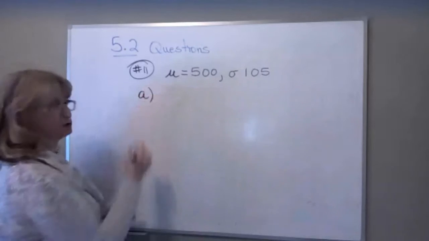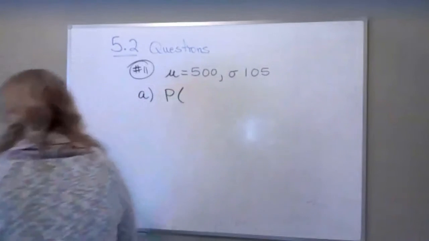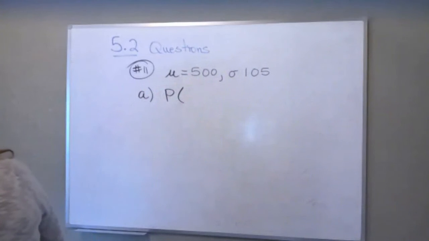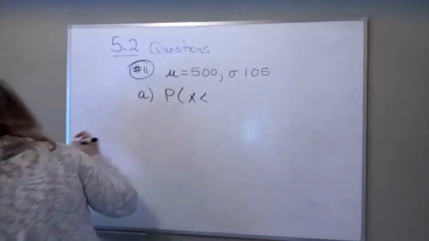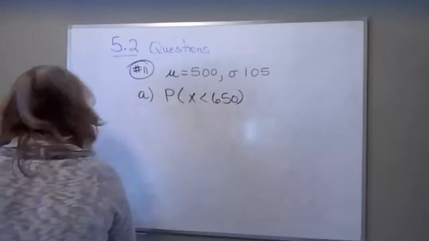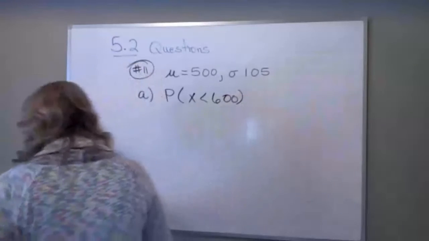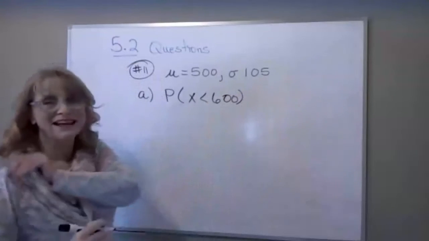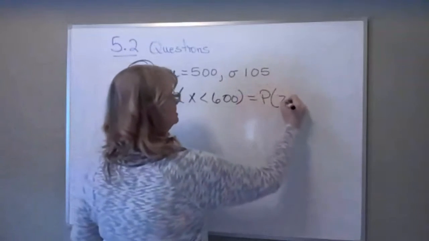Now, you said you did the first one right, so I'm going to go through this pretty quick. First we want to find the probability that a score is less than... Mine was 600. You have what? Mine was 600. Then let's do yours. Thank you. I forgot we were doing yours. So the probability that X is less than 600, we're going to change that to a Z-score.